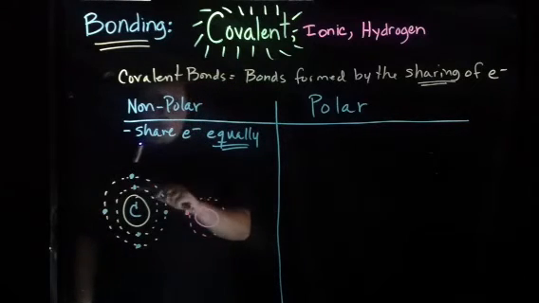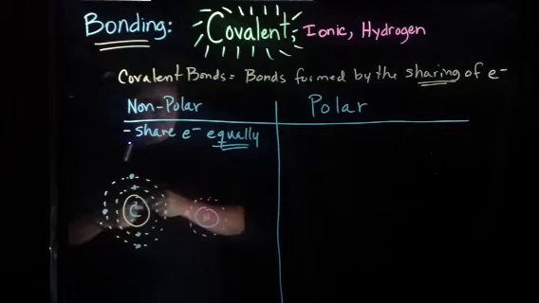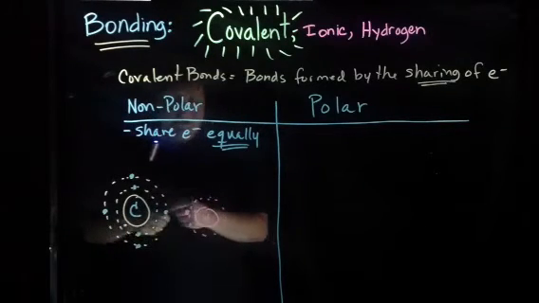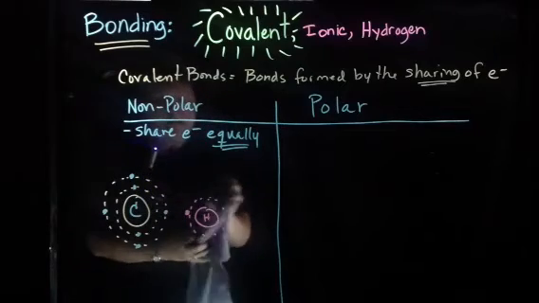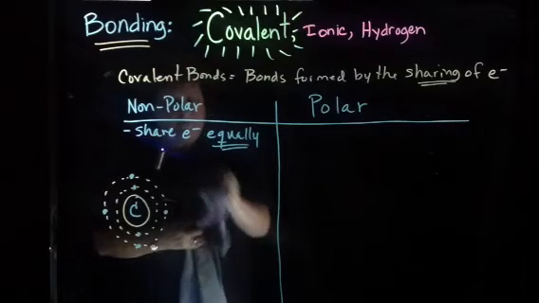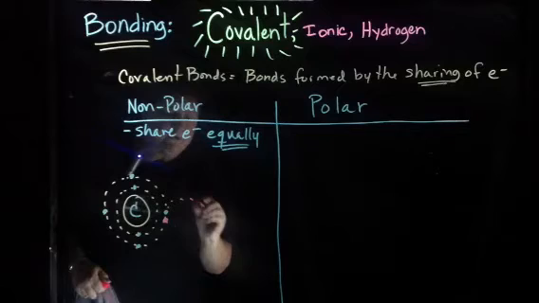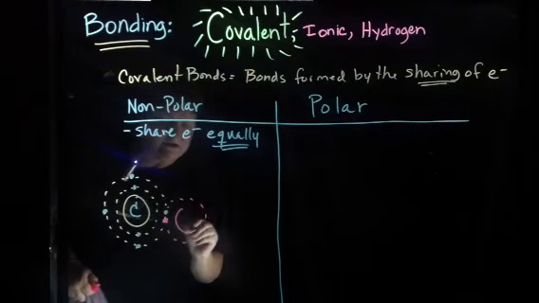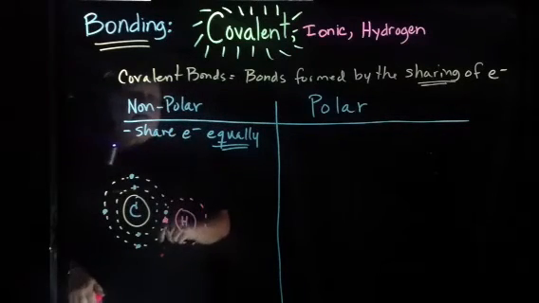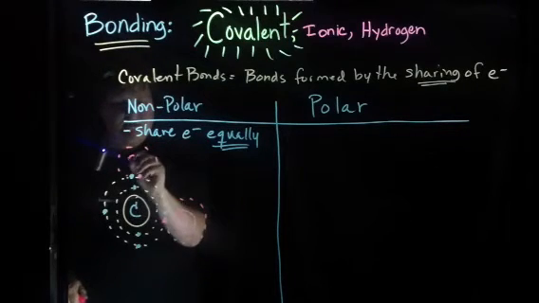So in order for these 2 to fill their outer orbitals, they're going to want to share. And so what will happen is we can see that hydrogen will share its valence electron with carbon. And we can do this 4 times.